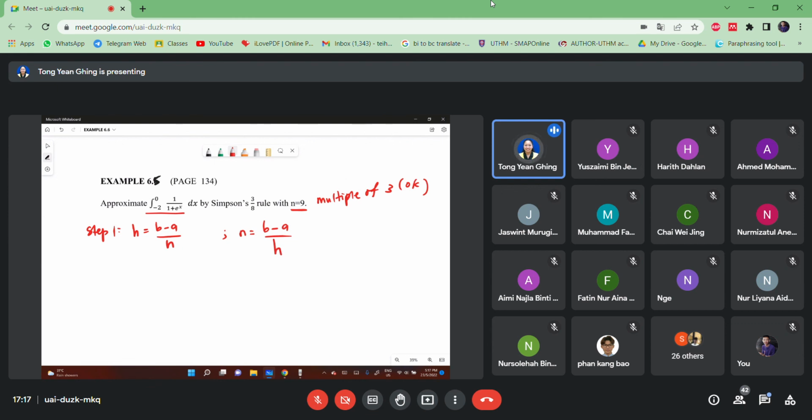If the step size is given, the lower limit given, the upper limit given, but the number of segments n is not given, you can find n using the same equation. So here h equals b, which is 0, minus negative 2, divided by 9. So 2 over 9 is the step size. Okay?